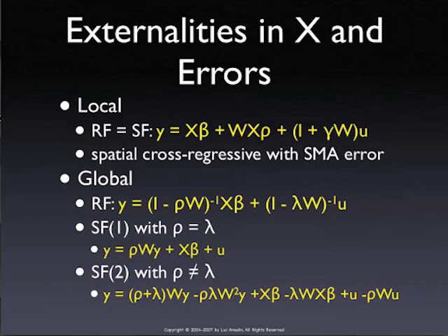Another alternative, and one which we won't cover here, but we will in the Frontiers course, is back to these autocorrelation consistent covariance matrices. There, the approach is you estimate a spatial lag model, but then you construct a covariance matrix for the estimates that is based on a generic possible dependence structure, which is essentially a non-parametric approach.